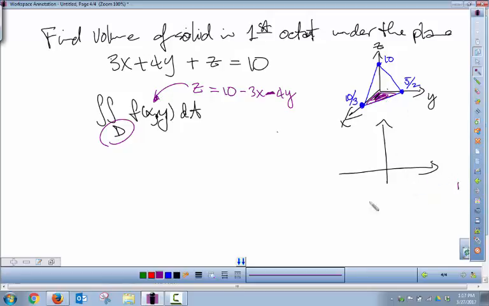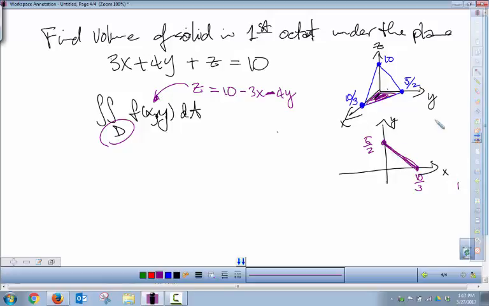So what are some of the key features of this graph? Here's my x and y. Do I know what my x-intercept is? 10/3, right? Do I know what my y-intercept is? 5/2. So you can find the equation of this line by using point slope.